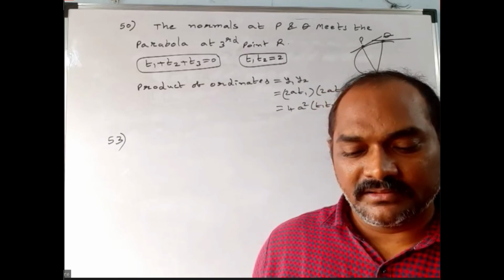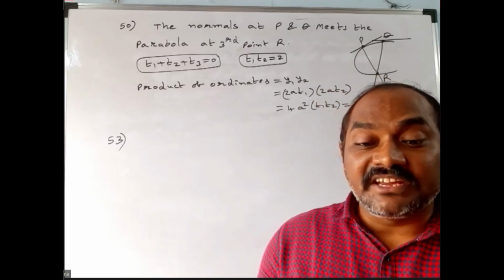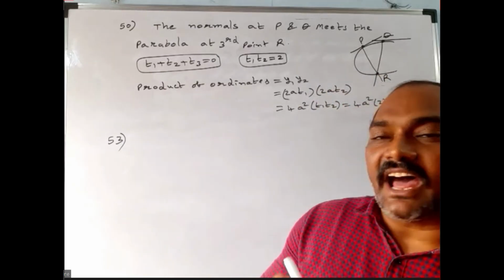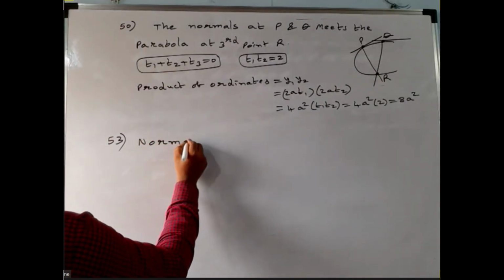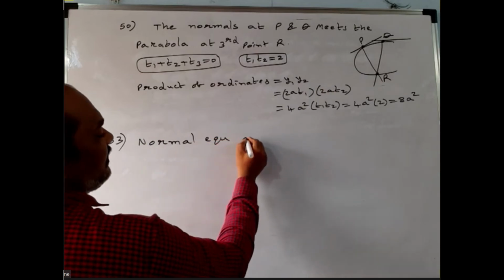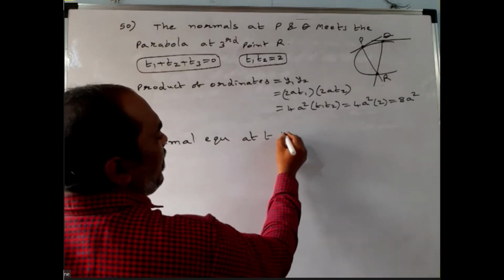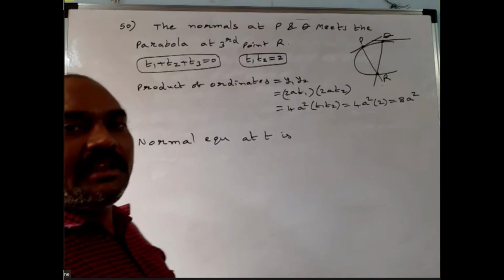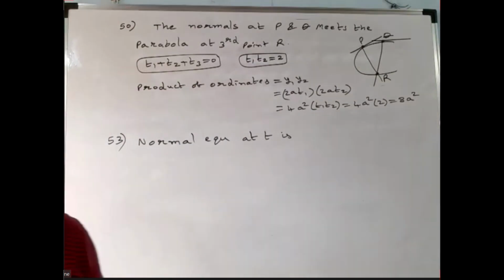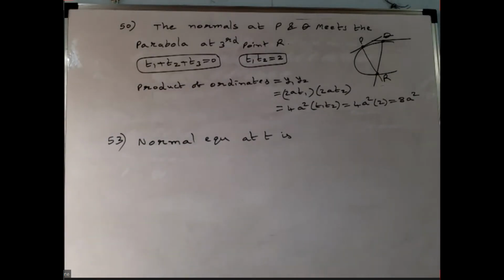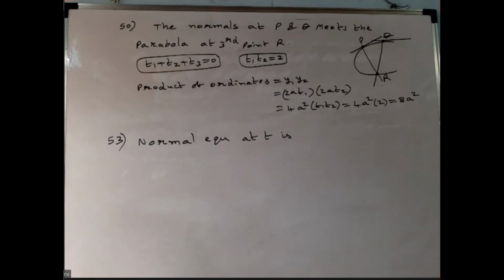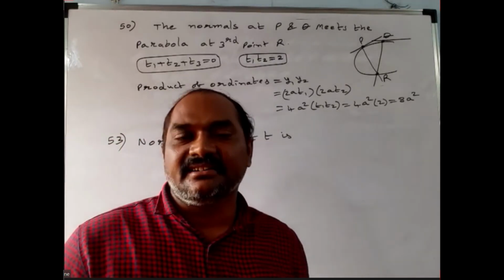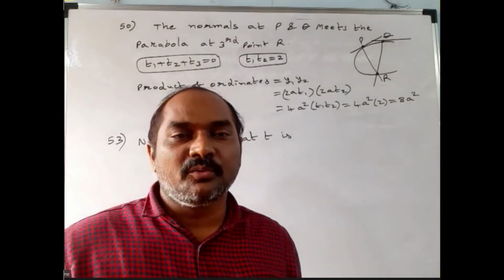The slope of the normal. So what is the normal equation? Students, what is the formula for the normal equation at t in parametric form? Anybody say it? I said it today only, in the synopsis points, just now.